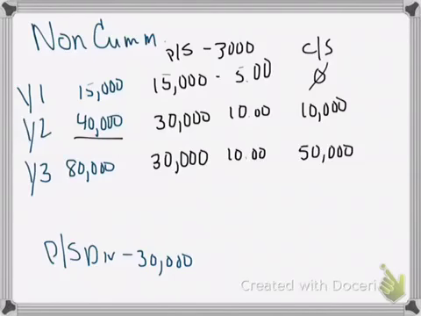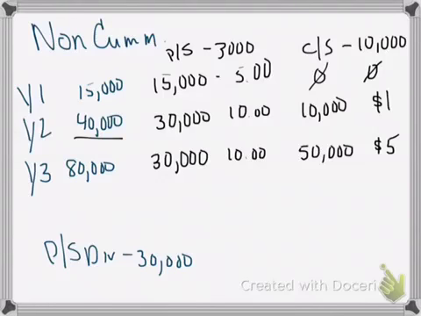So I would have $5, $10, and $10. For common stock, I have 10,000 shares. For the first one, 0 divided by 10,000 is 0. 10,000 divided by 10,000 is simply $1. 50,000 divided by 10,000 will be $5. That is what I'm looking at with these non-cumulative dividends.